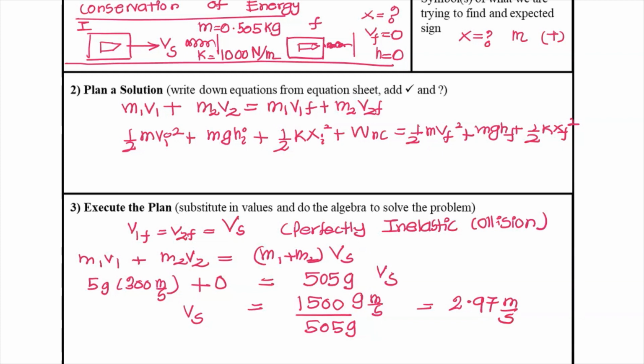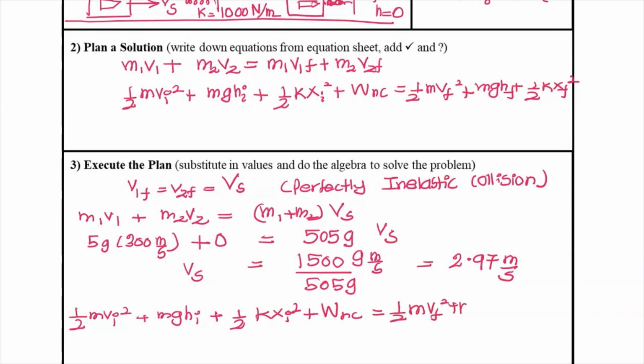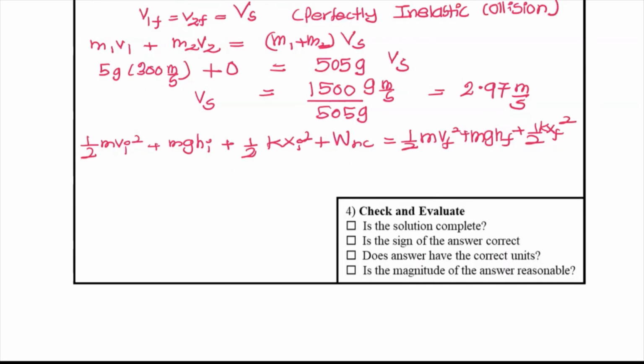We are not done yet. This is the first stage of our multi-stage problem. Let's do the second step now. In the second step, we are going to use conservation of energy. We cannot use conservation of momentum here because there's an external force acting on the system from the fixed end of the spring. These are all the terms in your conservation of energy equation. I'm going to cross out the unwanted terms.